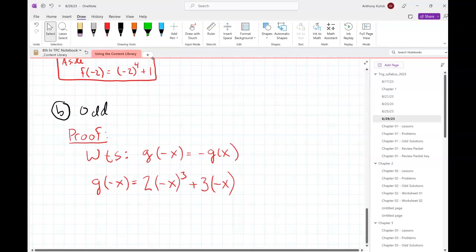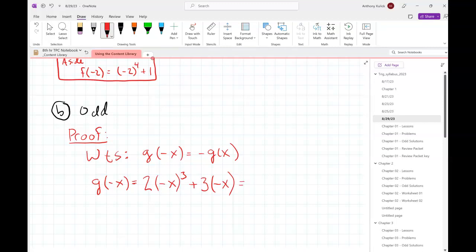All right. So, it's simplifying time. How do I simplify negative x to the third? What does that simplify to? It's just negative x to the third, isn't it? 3 negatives make a negative, and x times x times x is x to the third, so I should just have negative x to the third.